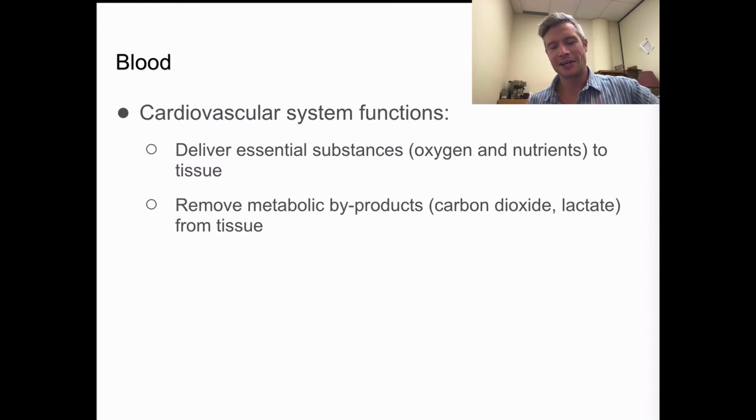What does it do? We kind of mentioned it already, but it delivers essential substances. So we spoke about oxygen, but it also delivers nutrients. And if you recall our chat about metabolic substrates, we were talking about carbohydrates and sugars and blood sugar in particular, or blood glucose, and that's obviously carried through our blood, and it delivers it to our tissues.